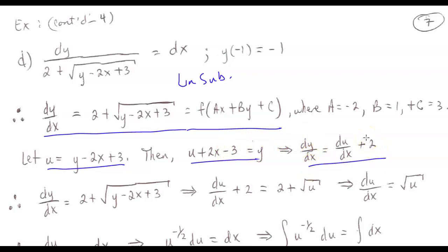Of course, all that should be relatively easy to pick up. So now that we have that, we have a way to replace dy over dx, and we have a way to replace our linear expression here, so that everything now will be in terms of u and x. So the left-hand side, dy over dx, is the same as du over dx plus 2.